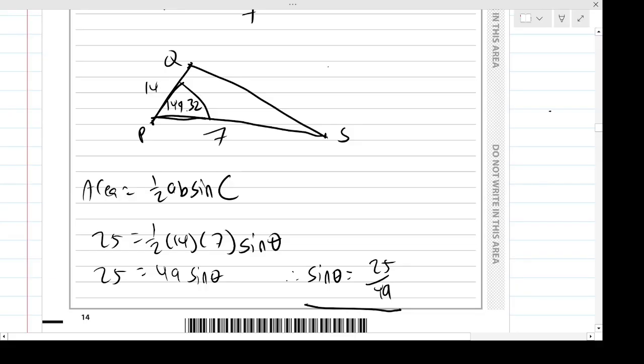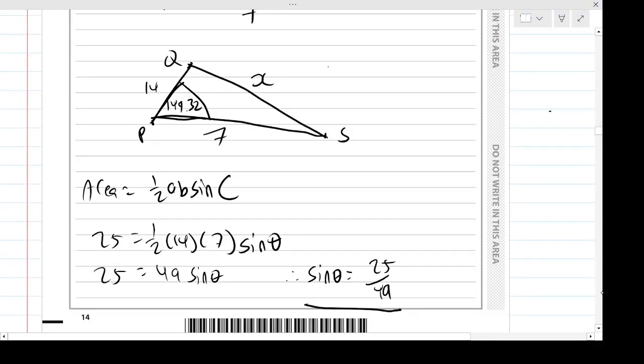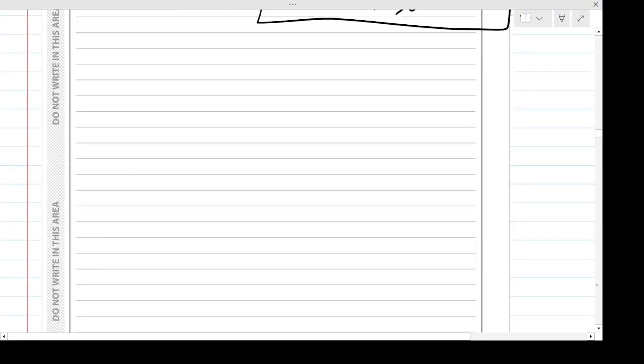So actually, how can we work out this? If I call that x, the diagonal SQ, how can I work out x if I'm given two sides and an angle? I can use the cosine rule, right, to then work out SQ.